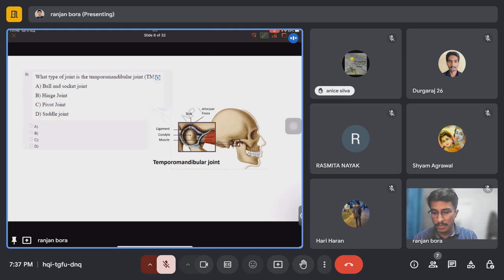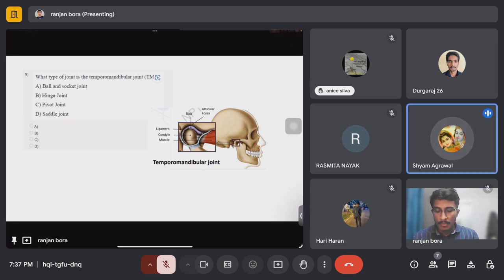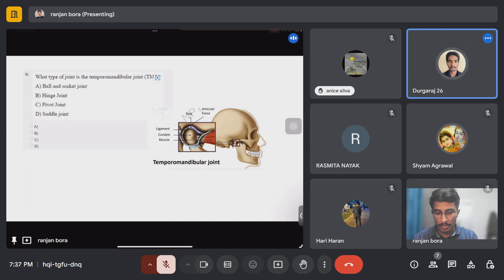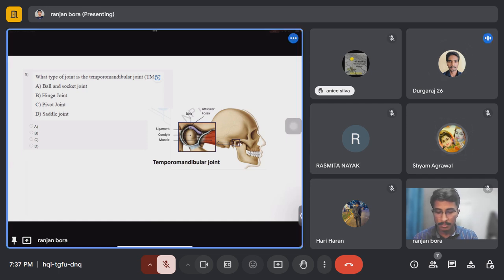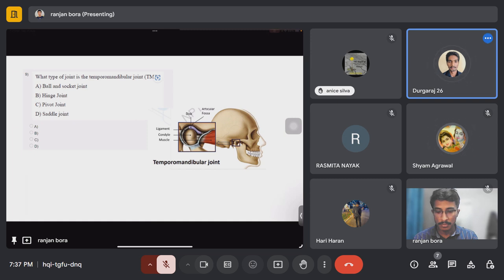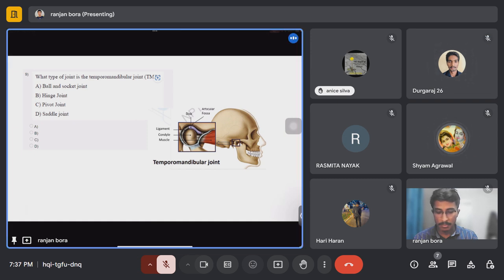And what type of joint is the temporomandibular joint? Saddle joint.